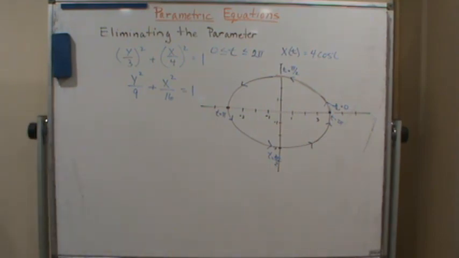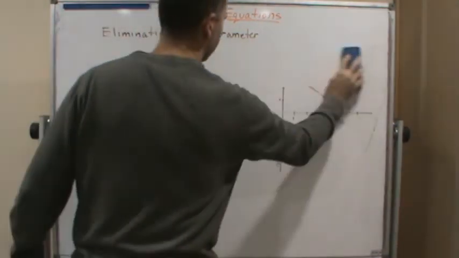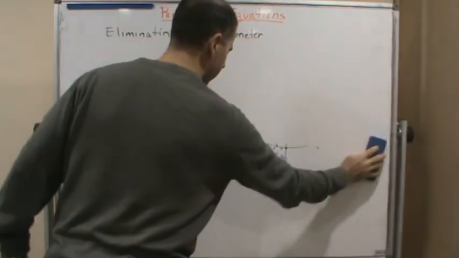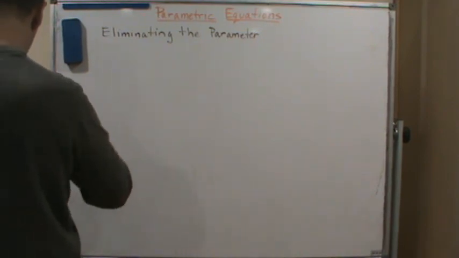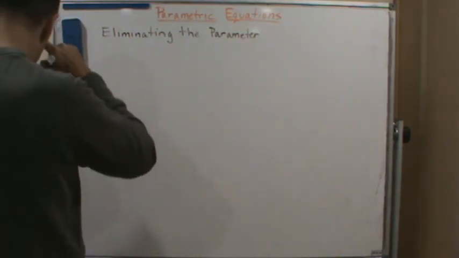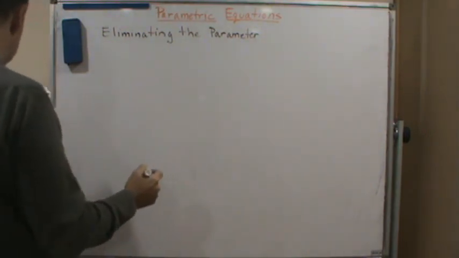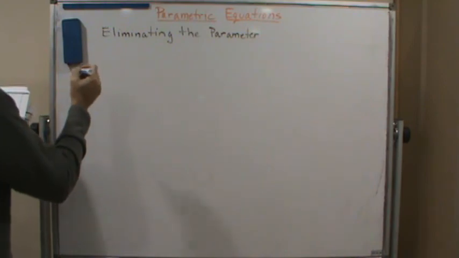Okay, so now here's one for you guys. Eliminate the parameter for the plane curve defined by the following parametric equations and describe the resulting graph.